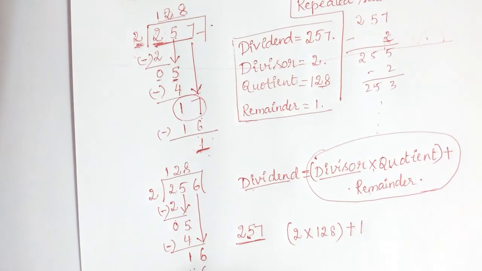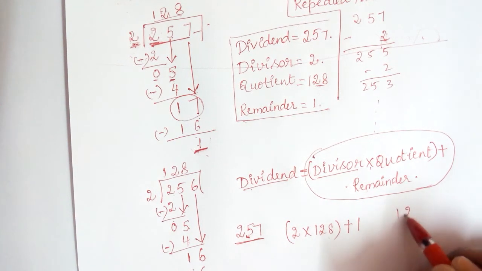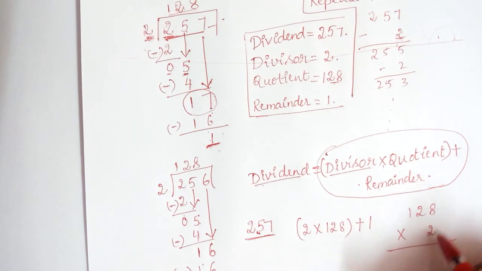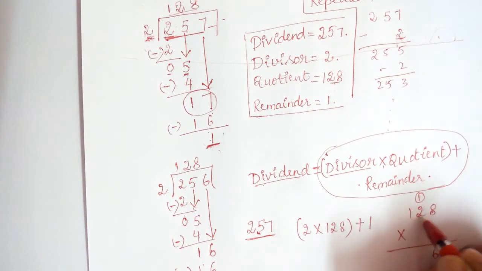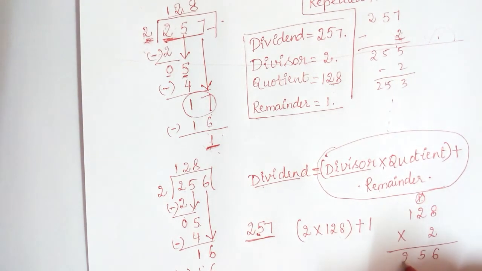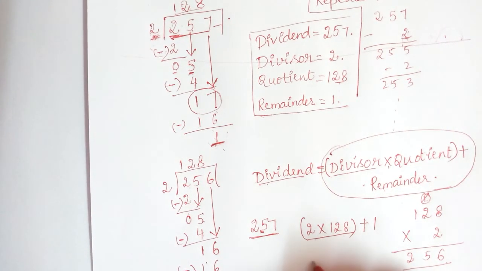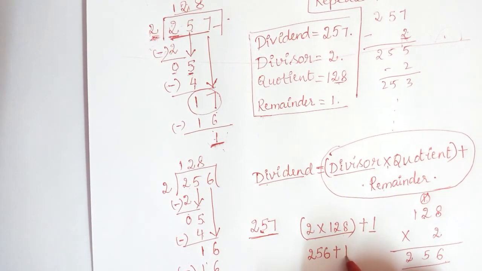Okay, so 128 multiplied by 2, we'll do this multiplication. 2 8s are 16, 2 2s are 4 plus 1 is 5, 2 1s are 2. We got this value, we got 256 plus we have remainder 1.